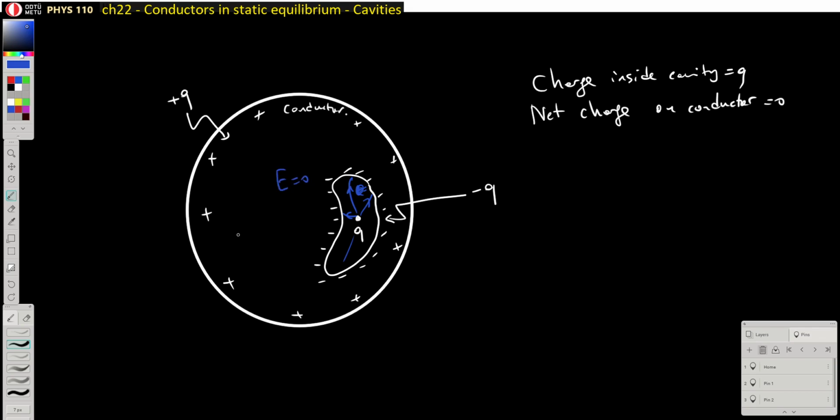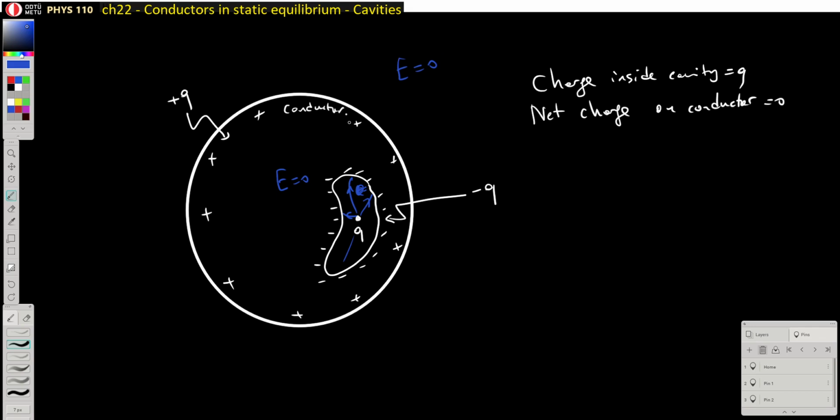And outside but inside the conductor. But somehow, because of the electromagnetic laws, if they cancel their effect in the spherical region, they also cancel their effect at every point outside. So as a result, the combined effect of both of these charges inside the conductor or outside the conductor is equal to 0.